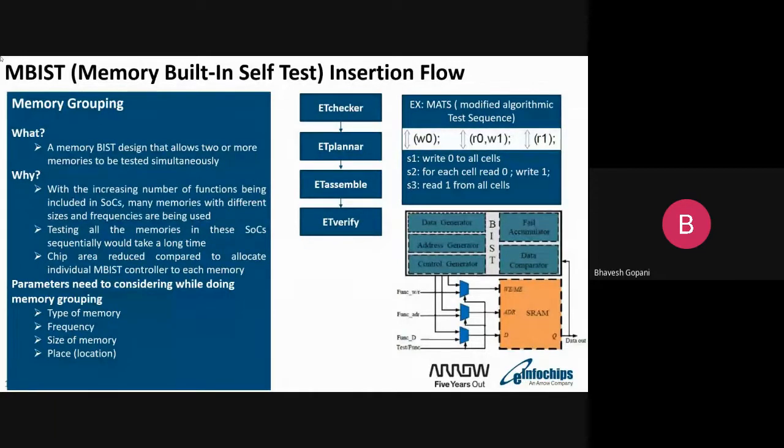Once those memories are there, I need to identify how many types of memories there are. Accordingly I can make a plan. Another parameter to consider is the frequency of those memories. Certain memories work at 10 megahertz, certain at 50 megahertz, certain at 100 megahertz, so I need to identify at what frequency they are working.